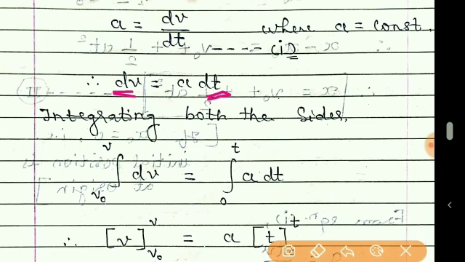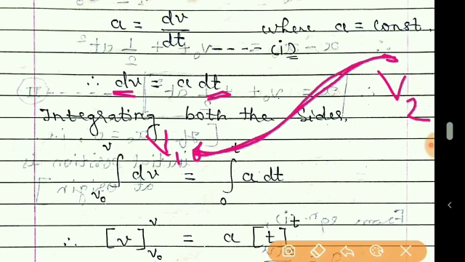But now if we want to find the entire change, once again students, suppose from velocity v1 to velocity v2 there is a change in velocity, and suppose the initial time is t1 and the final time is t2.